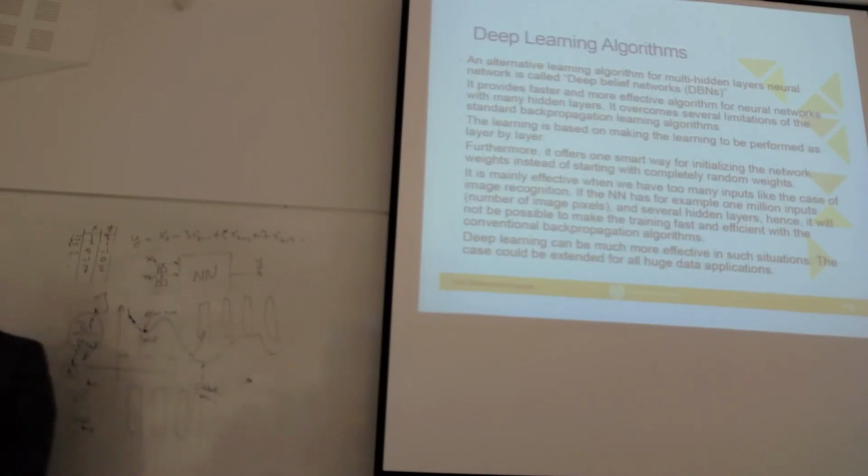So this is the main concept of deep learning. Deep learning is many-layered neural networks, but they use a different procedure for the weight adaptation, or the learning process, to make the learning fast and efficient.